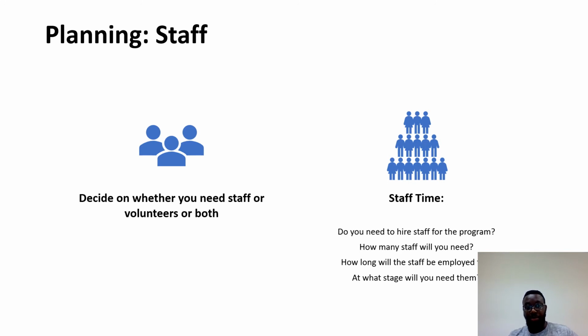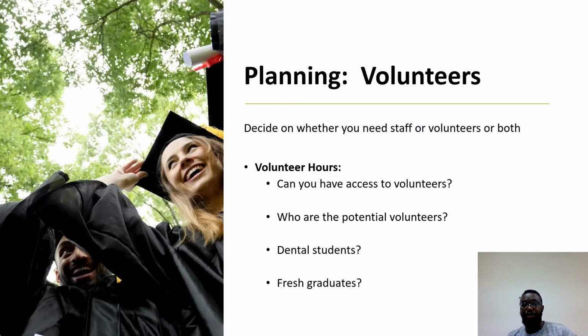At this planning stage, you might want to plan the program alone, or you also might need help. So in this planning, you plan for the staffing. And on the next slide, we'll be looking at volunteers. You decide again on whether you need staff or volunteers, or both.